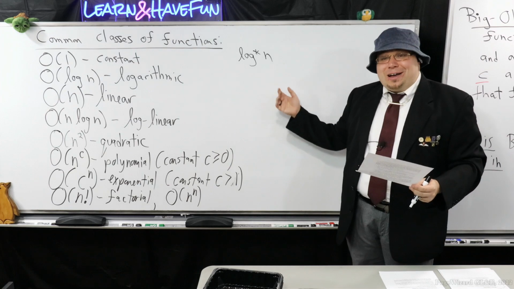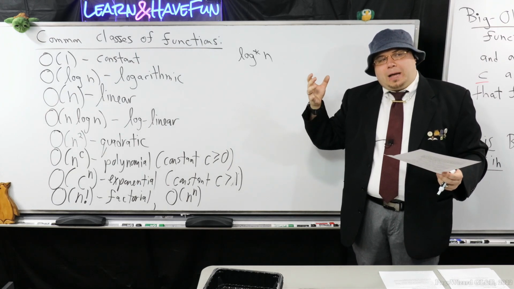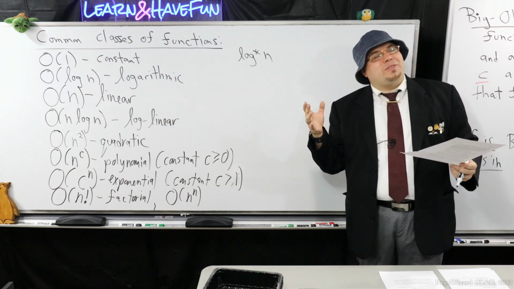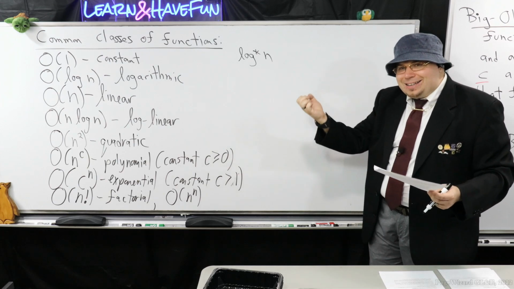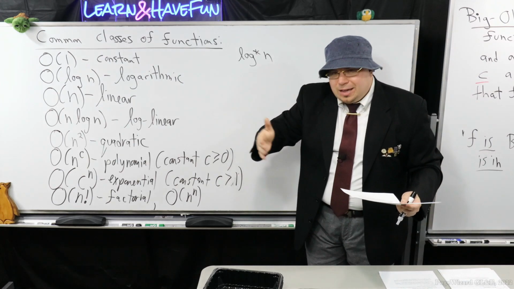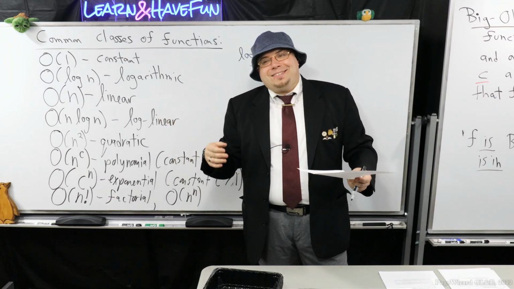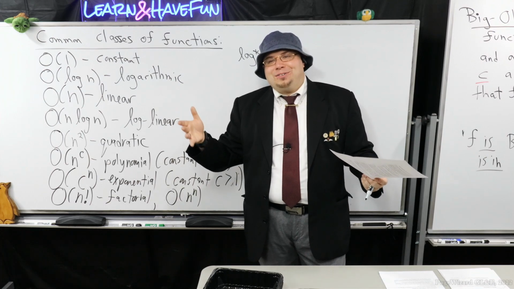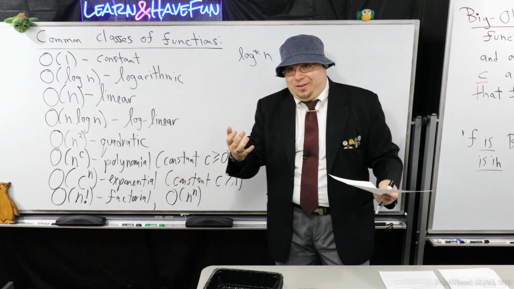There are other ones out there, like the inverse Ackermann function, that grow so slowly that in practice, even if you get up to, say, 10 billion, the value is never going to exceed 4 or 5.